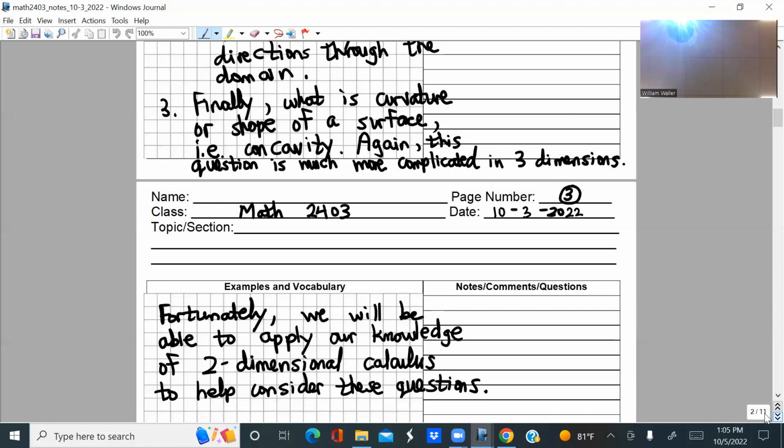Just keep in mind that things are going to be complicated because we have a lot more directions to approach a point in three dimensions than we do in two dimensions. So that makes things tougher to think about.